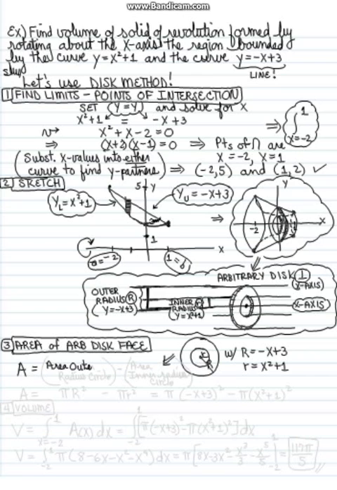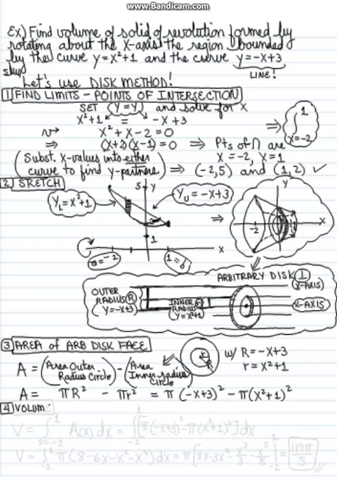So area A is equal to the area of the outer circle minus the area of the inner circle. That's A equals pi times capital R squared minus pi times little r squared, which is pi times parenthesis negative x plus 3 squared minus pi times parenthesis x squared plus 1 squared.